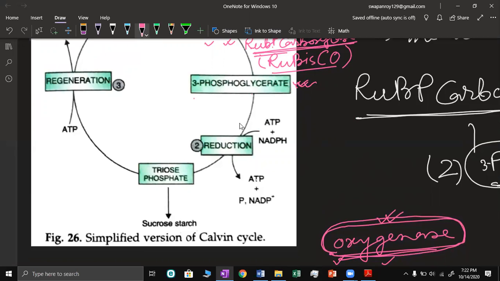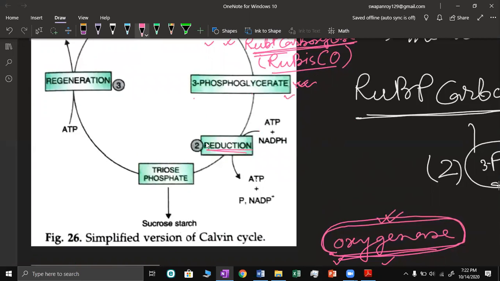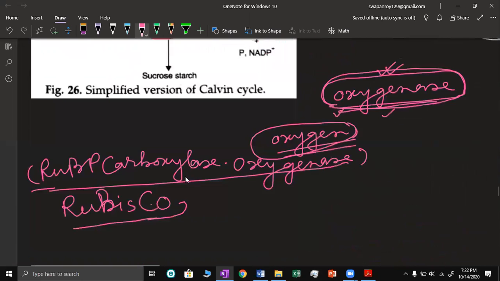The next step is that this 3-phosphoglyceric acid is reduced. There is a reduction, and in the process of reduction, this produces a triose phosphate compound.